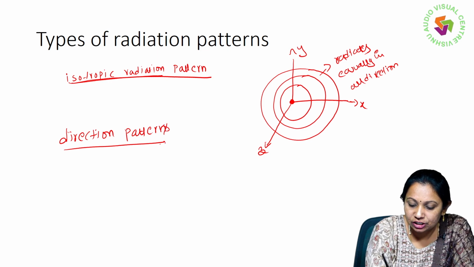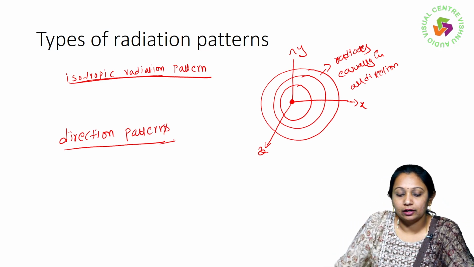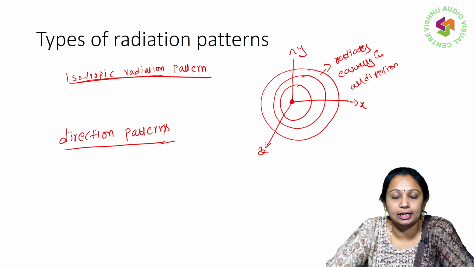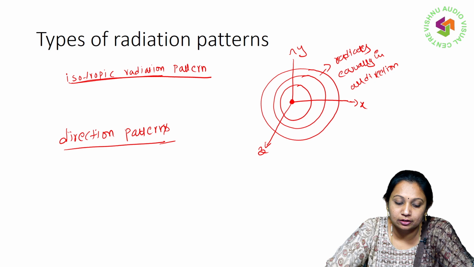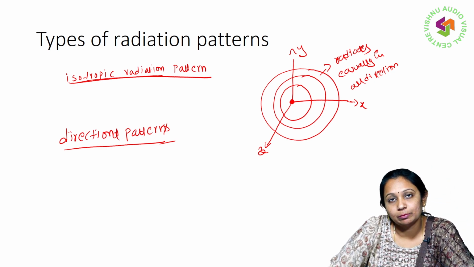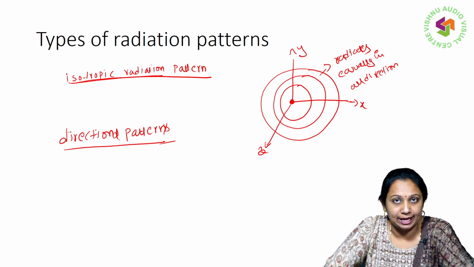So in these directional patterns, let us say, for example, if we consider any practical antenna, they are directional pattern antennas, so the antenna can radiate in any one direction.